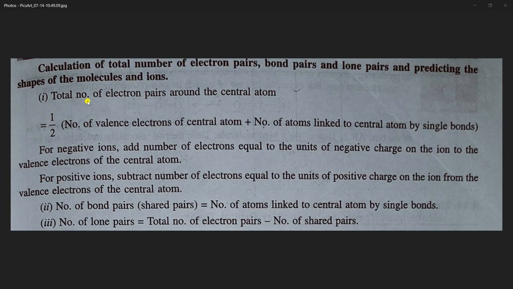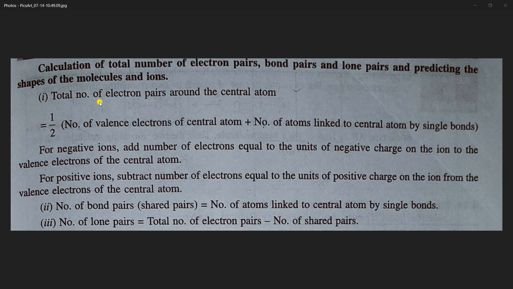The formula to calculate the total number of electron pairs is 1 by 2 into the number of valence electrons of the central atom plus the number of atoms linked to the central atom by single bond. If there is a negative charge on the molecule, then you will add the negative charge, and if there is a positive charge on the ion, then what you will do? You will subtract the positive charge.